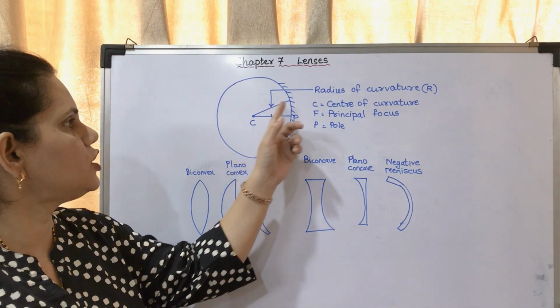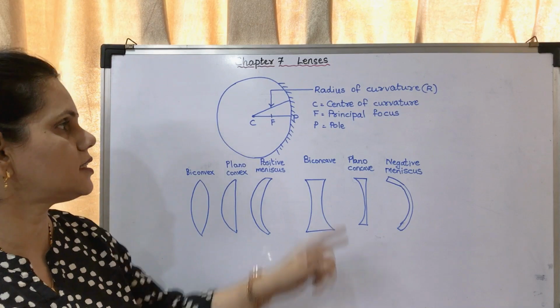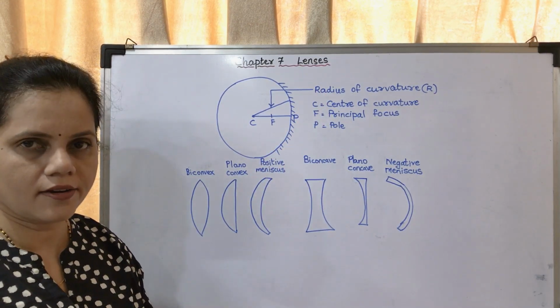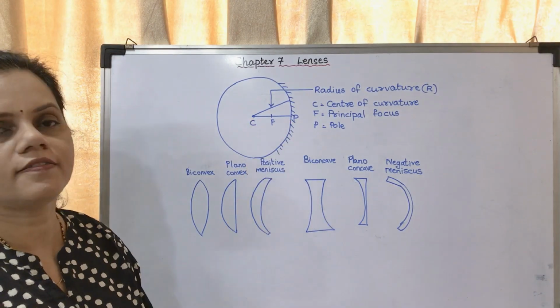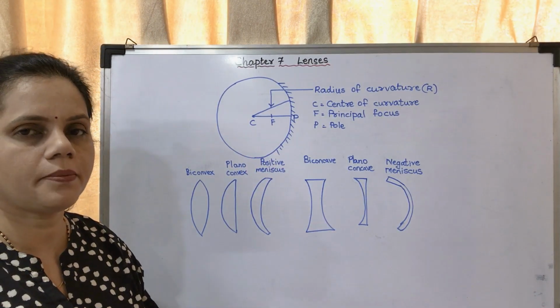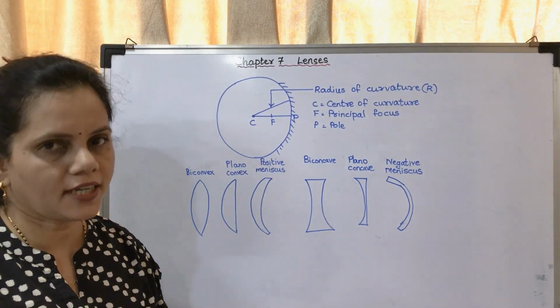The distance from the center of curvature to the surface of the mirror is called the radius of curvature, denoted by R. And the center point of CP is called F, the principal focus. You may draw this in your textbook.